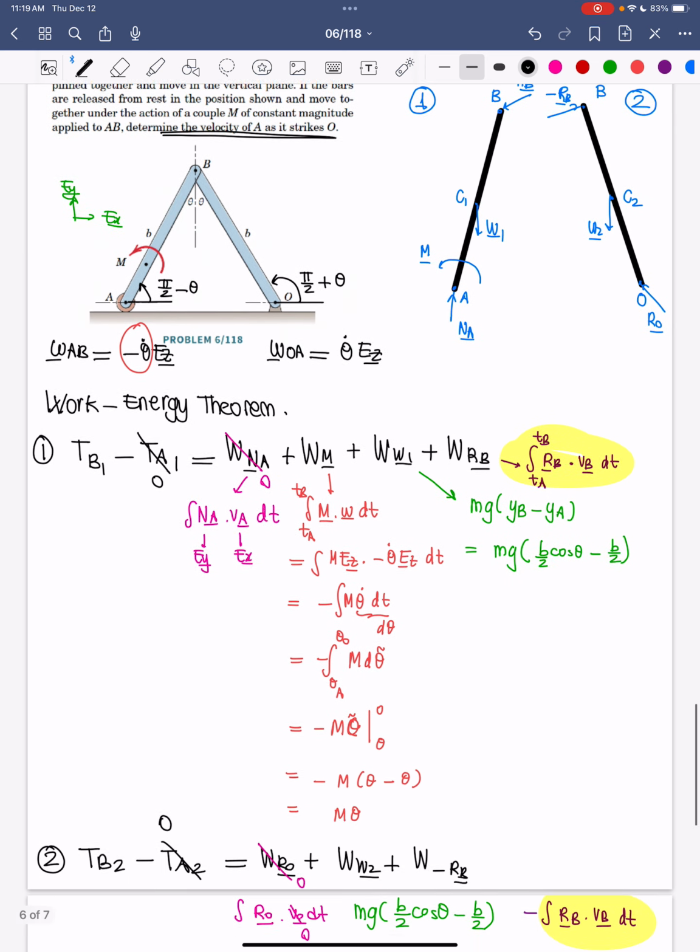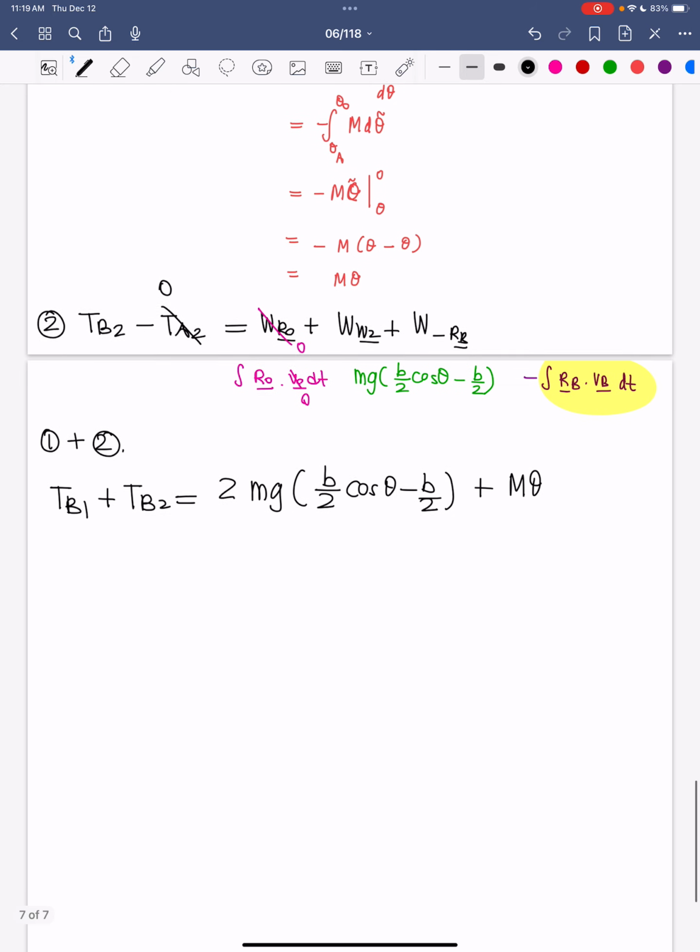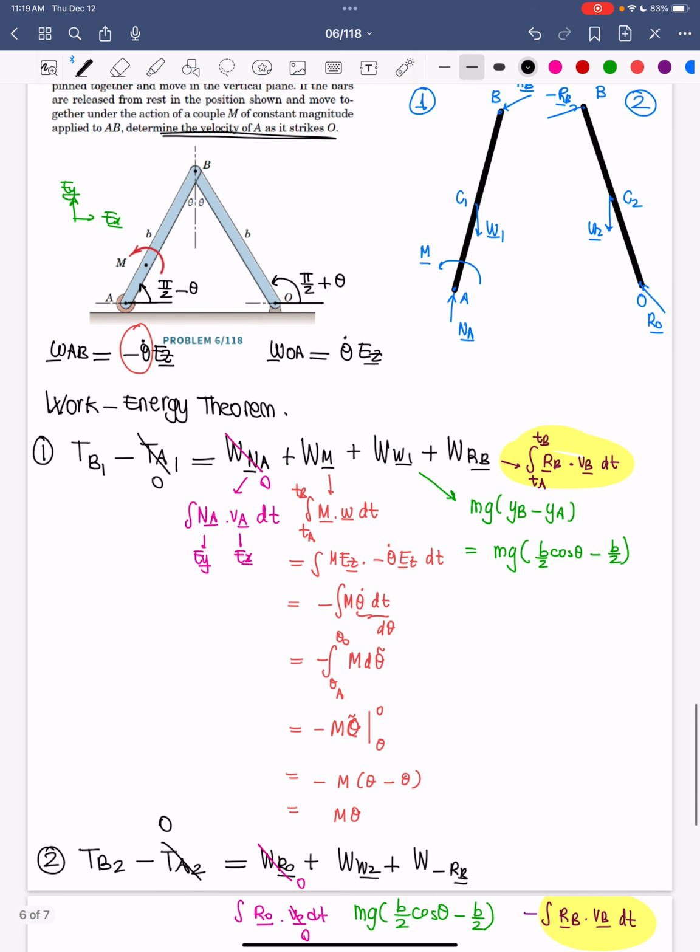Okay. 1. The kinetic energy of the second bar undergoes fixed point rotation.